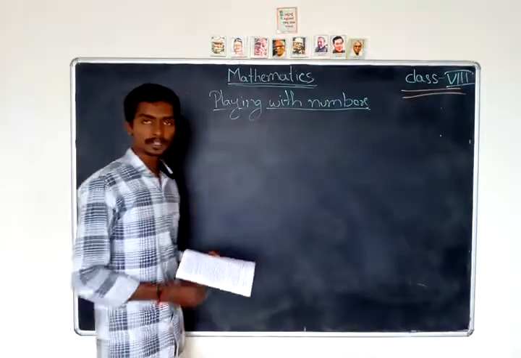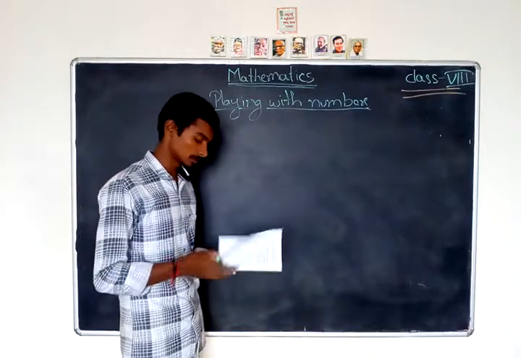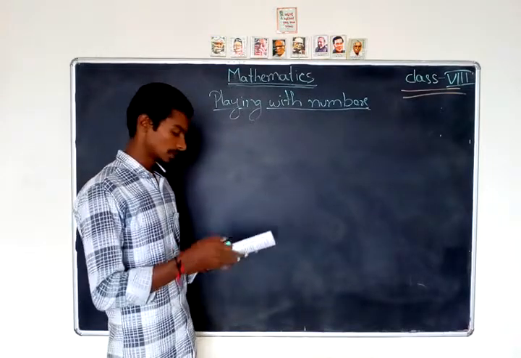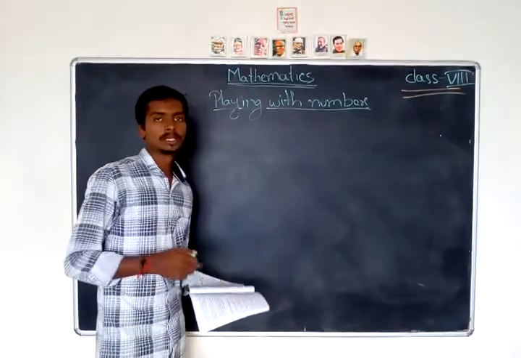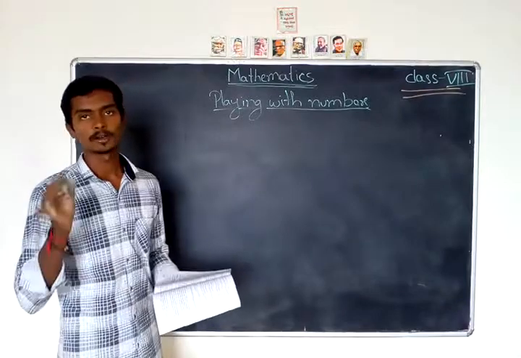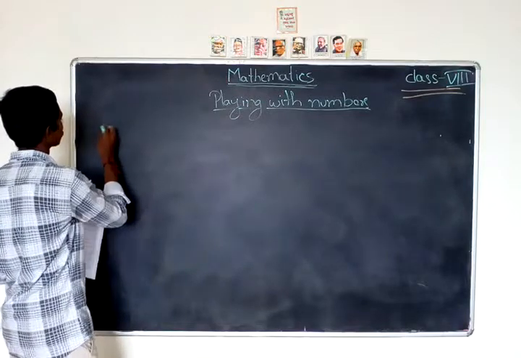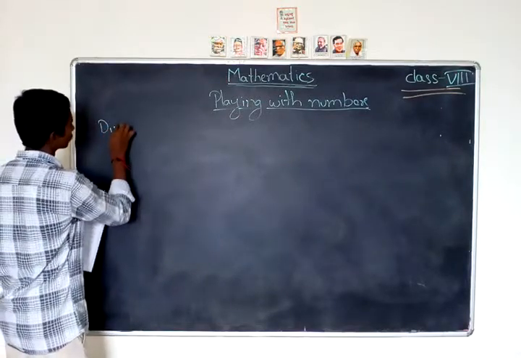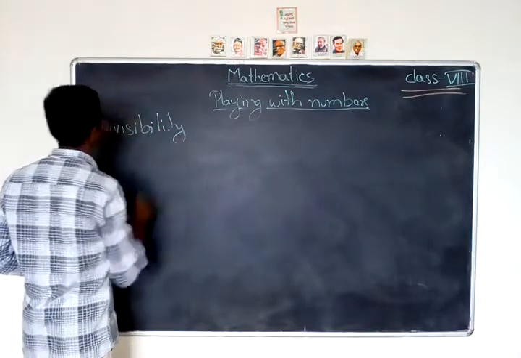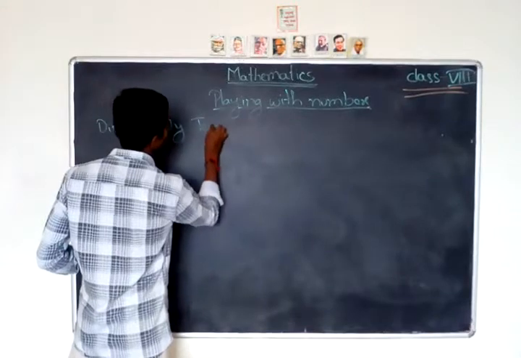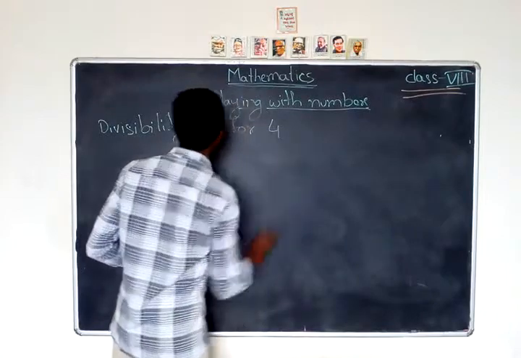Now there are different divisibility rules for the numbers 4, 3, 6, 9, and so on. Let's check each of these divisibility rules. Now let's check the divisibility test for number 4.